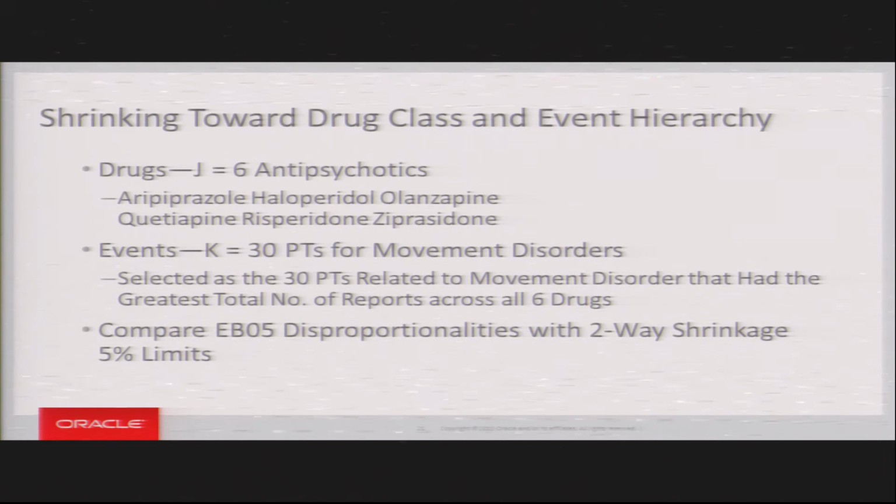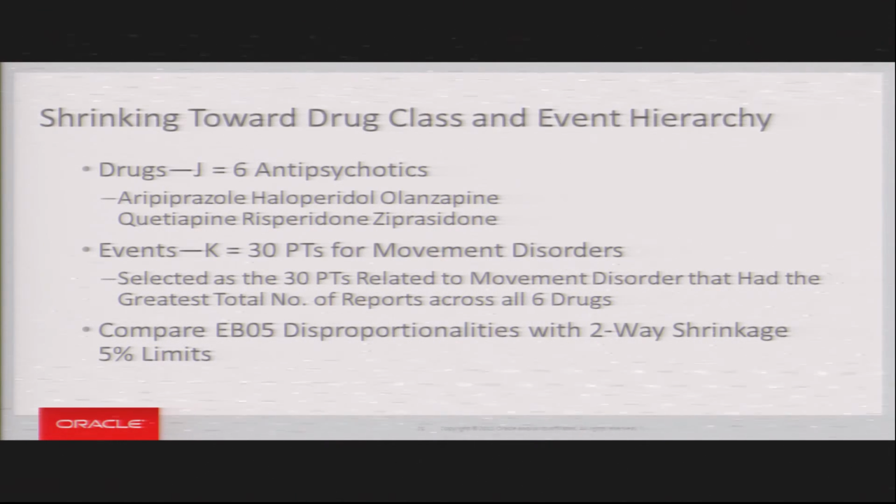Another approach is to shrink towards the drug class and events. This was an example with longitudinal healthcare data. You could look at 6 antipsychotics and 30 preferred terms for movement disorders.